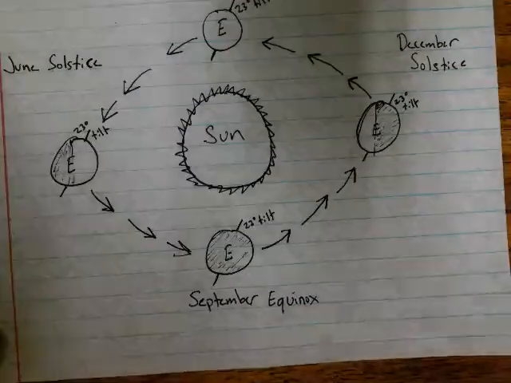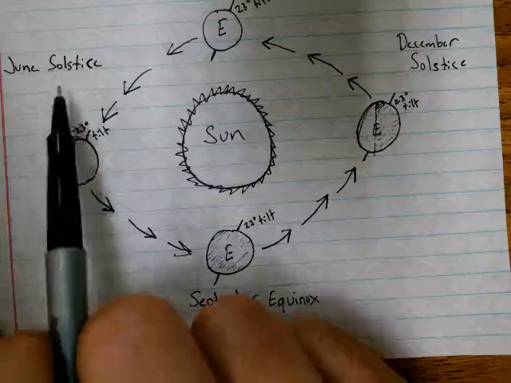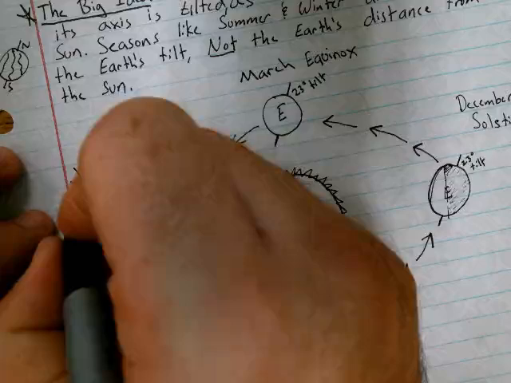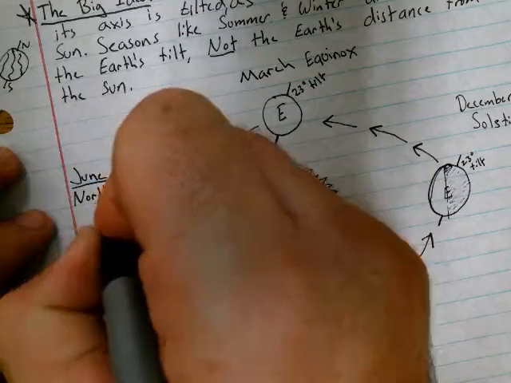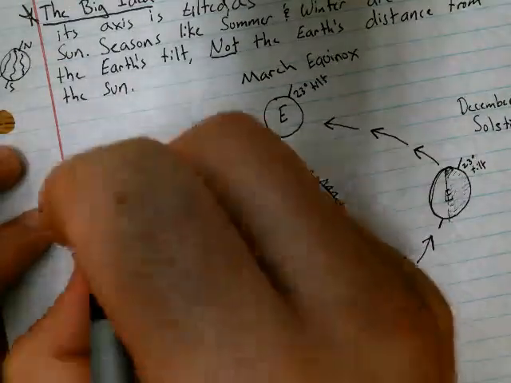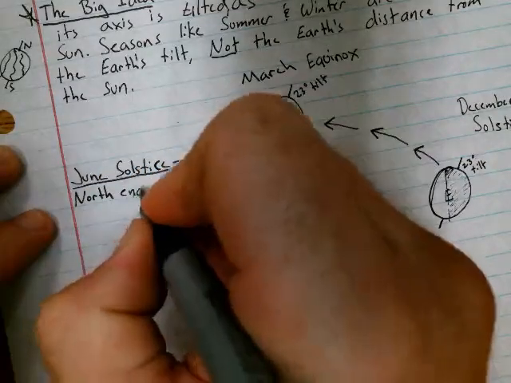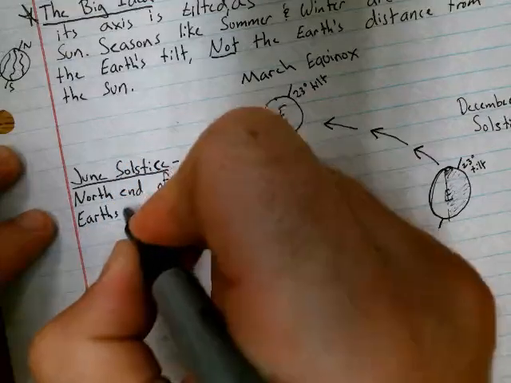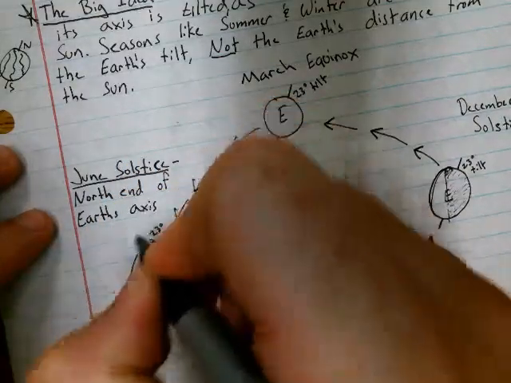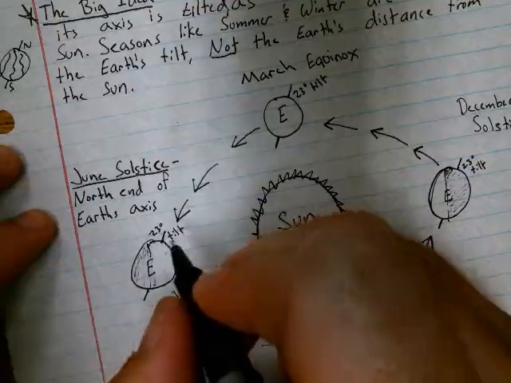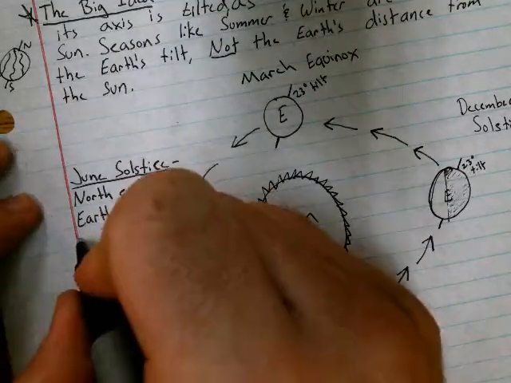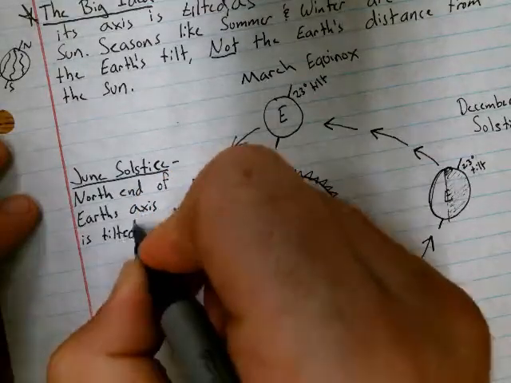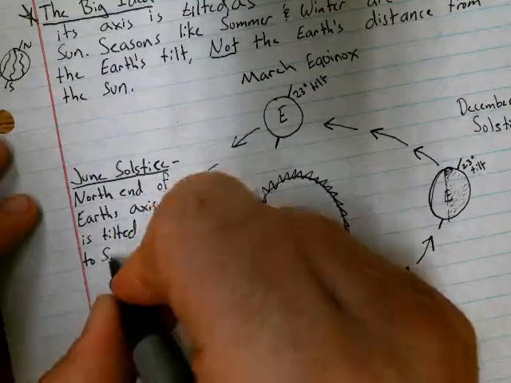Now, this is important. During the June solstice, the north end of Earth's axis is tilted to sun.